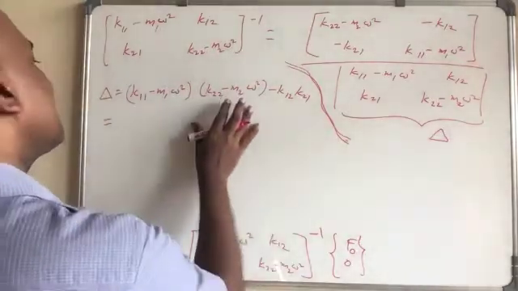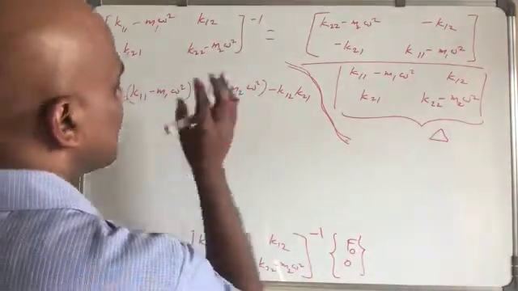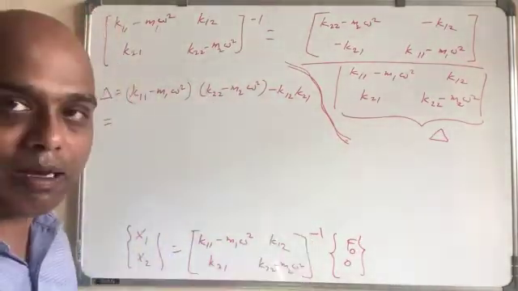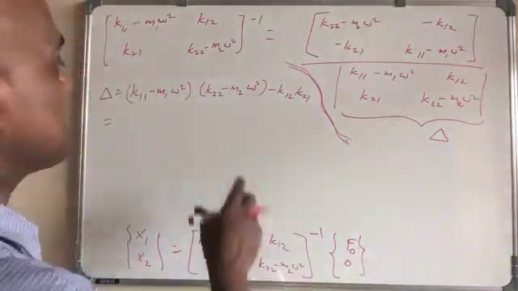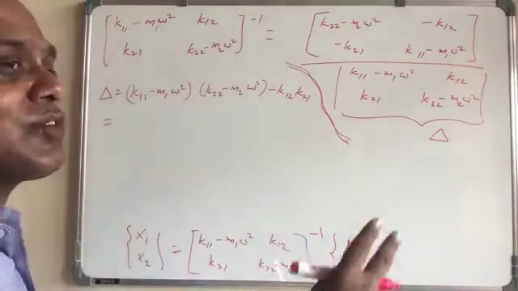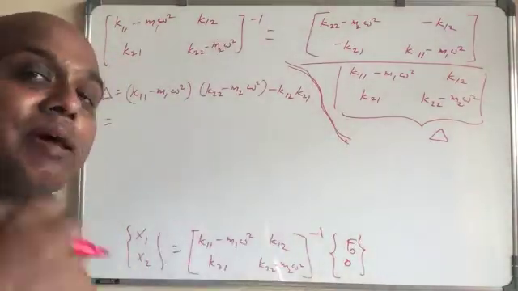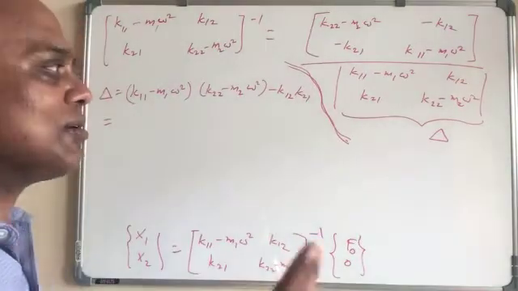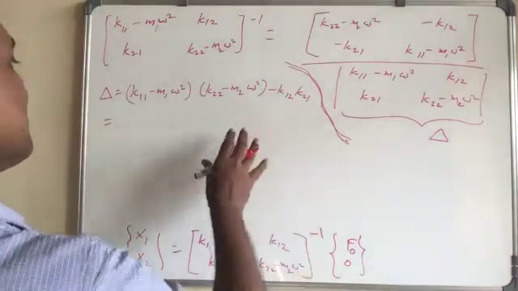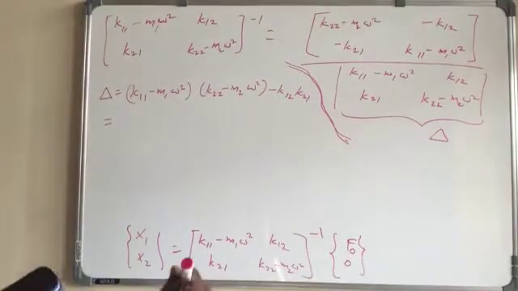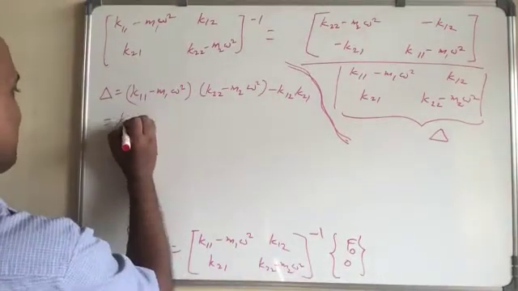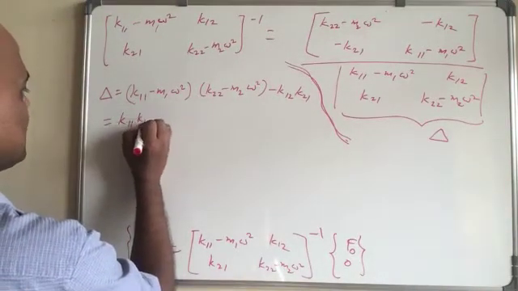But it is a good idea to also write this a little bit differently, in terms of omega n. For a 1 degree of freedom system, we wrote this in terms of omega n. In this case also we have omega n, but rather we have two natural frequencies, omega 1 and omega 2. So in terms of that also we can write, so we will do that. Here we will just make k11 and k22 common.